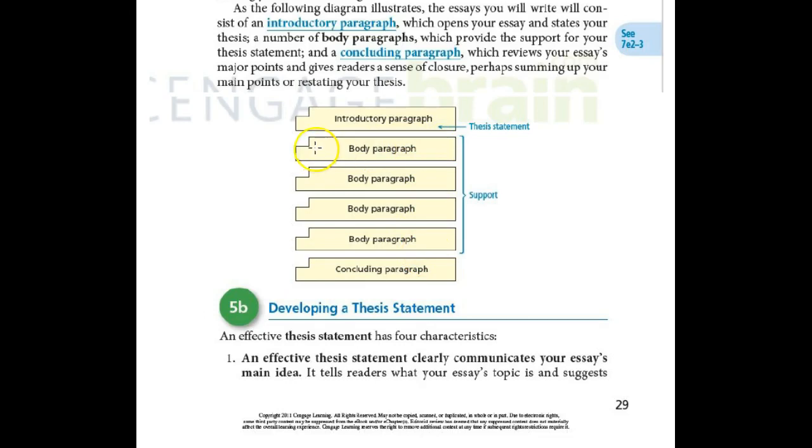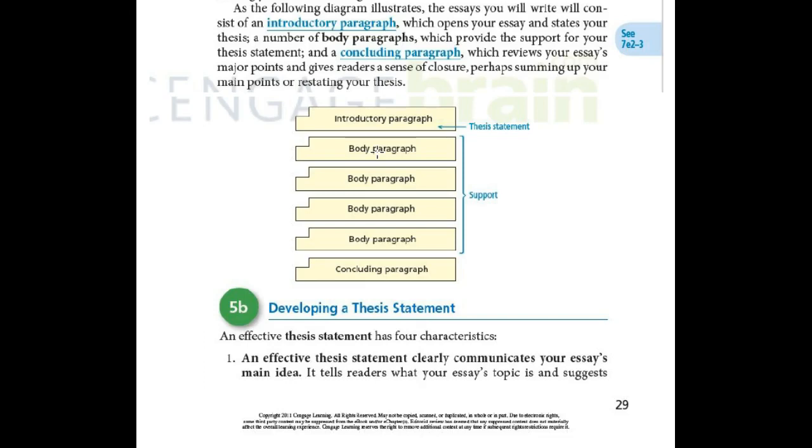Now, you don't just have to have one paragraph for one supporting idea. You can have as many paragraphs for that as you need to. Look at how many pages you're required to write. And one of the things I used to do, I struggled with making my papers balanced sometimes when I was first writing in college.